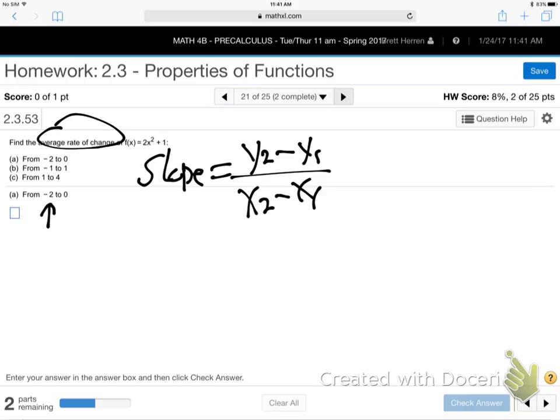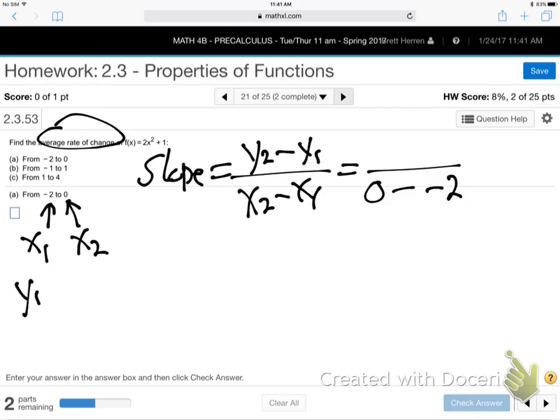Well, the x1 is -2, and the x2 is 0. Those are the x values. They're giving them to you. So that's the bottom: x2 is 0 minus -2. We good with that? And then how do you find y1 and y2?